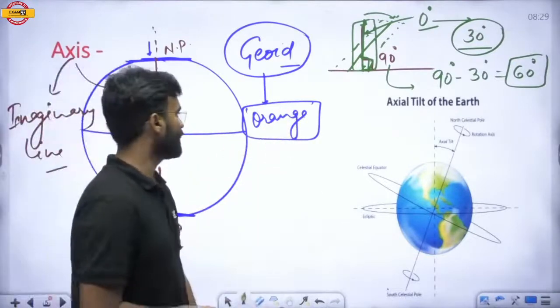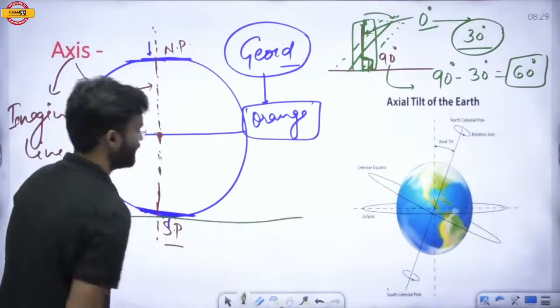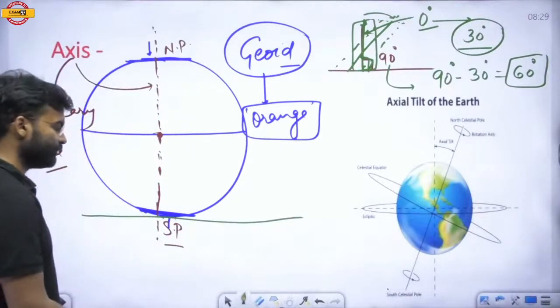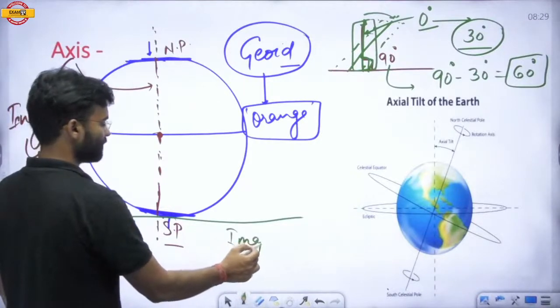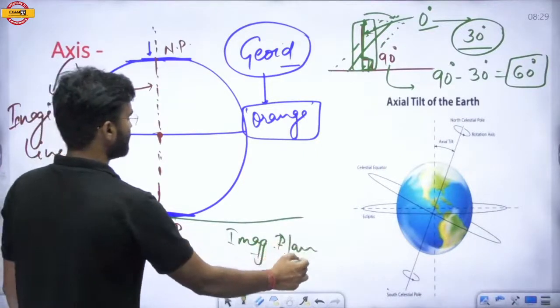change in the axis. So suppose our earth is located on an imaginary plane.